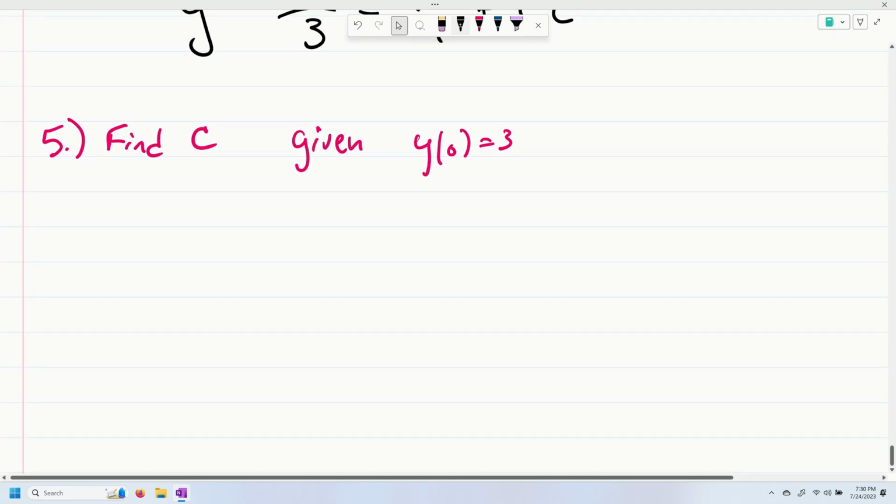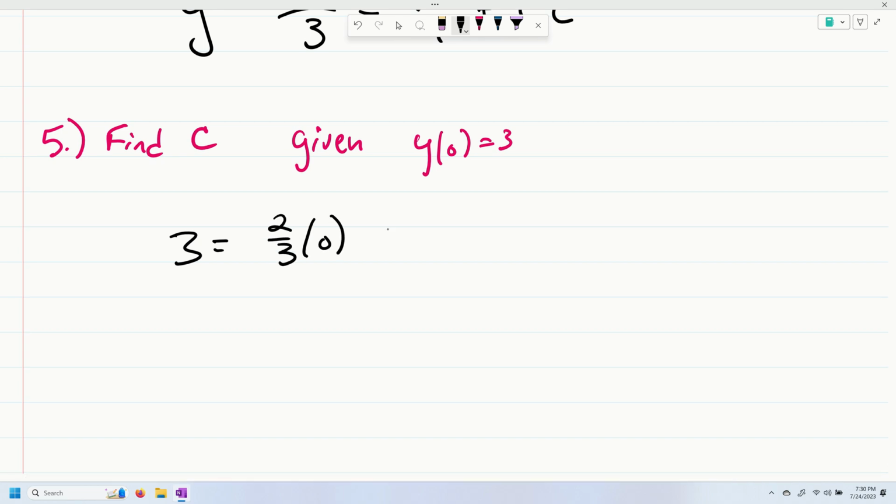All right, so that is just substituting it in. 3 equals 2 over 3 times 0 minus 5 over 9 plus c e to the 0.